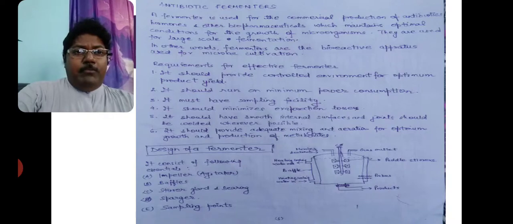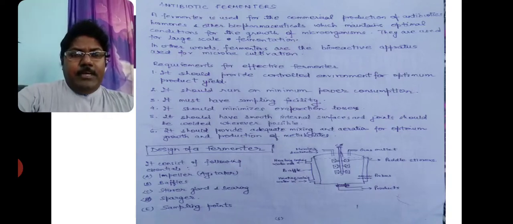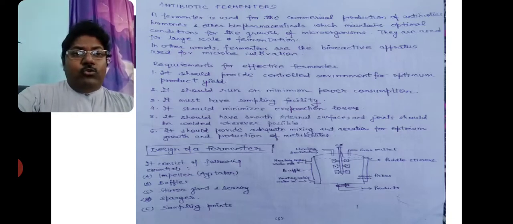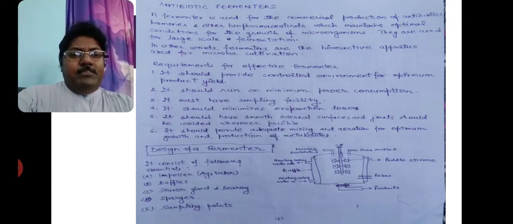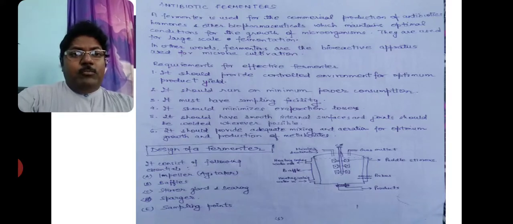What are the requirements for an effective fermenter? It should provide a controlled environment for optimum product yield. It should run on minimum power consumption. It must have sampling feasibility. It should minimize evaporation losses.